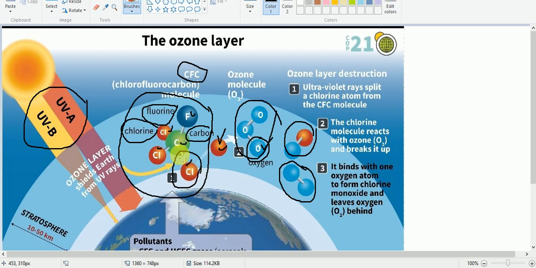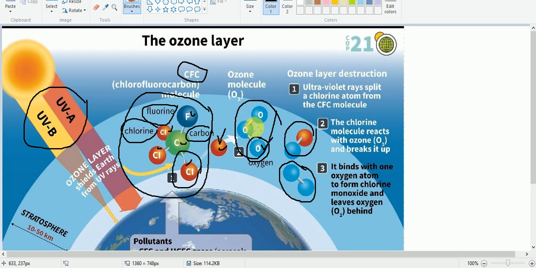Let me repeat. When ultraviolet rays strike the CFC molecule, one chlorine atom is separated, and this chlorine atom reacts with the ozone molecule.